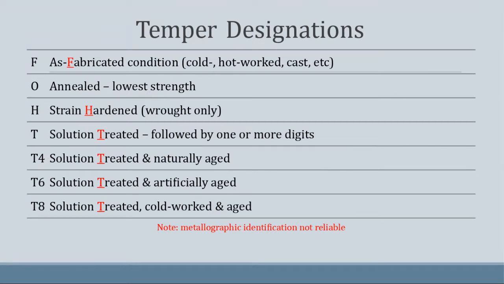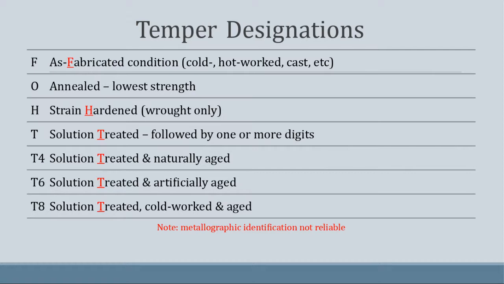So what are some of these temper designations that we'll be talking about? When you're looking at aluminum, if somebody tells you, you have a 6061 F aluminum alloy, then that is designated as an as fabricated condition, whether it was cold worked, hot worked, cast, etc. The moment that material is in its final form, that is as fabricated.